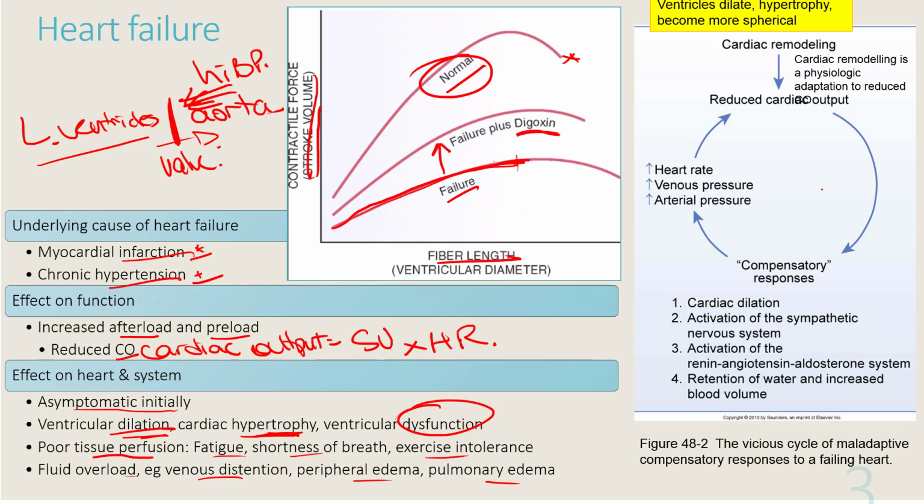And so what you have over here is the effect, right, of high blood pressure or myocardial infarction. And with both of these, you don't have enough blood or enough perfusion, right? And so it triggers a variety of compensatory responses.